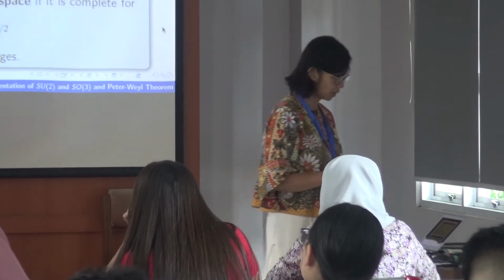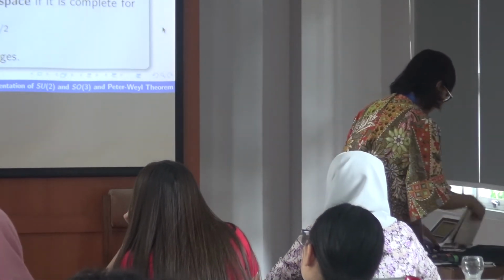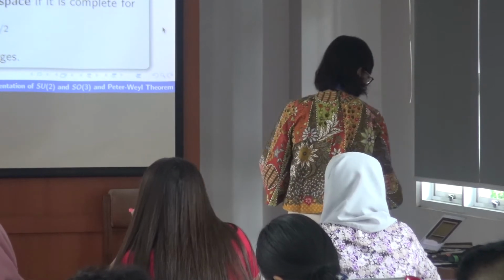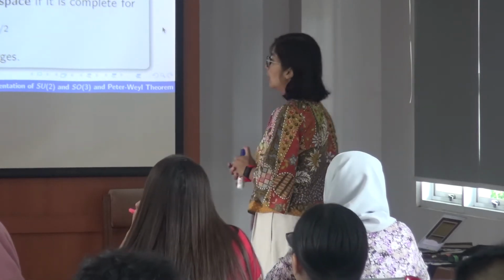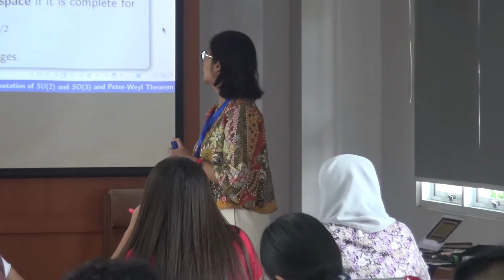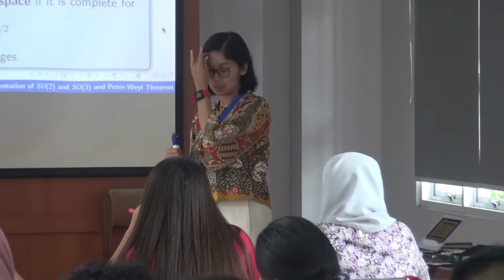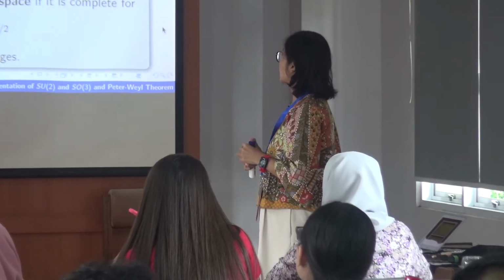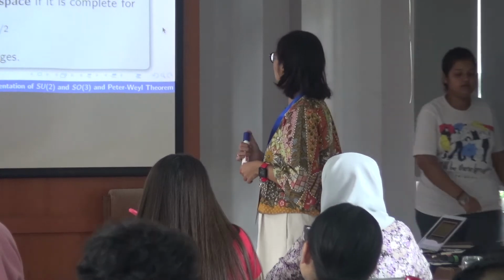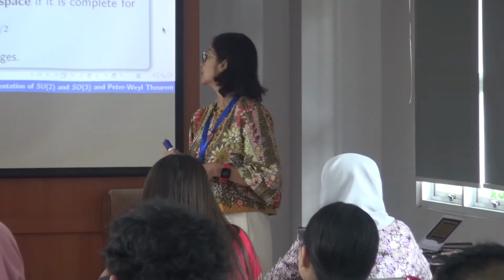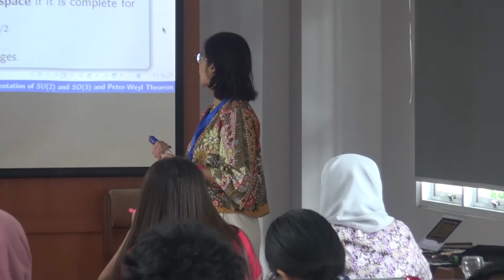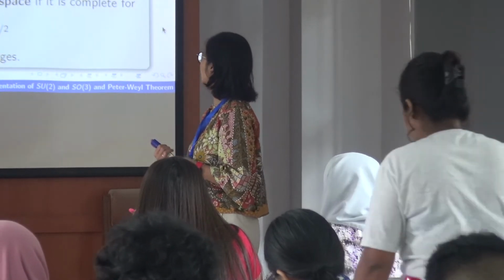Okay. Now we will discuss the Peter-Weyl theorem. First, I will remind you what is an inner product. An inner product space is a C-vector space with an inner product that is positive, Hermitian, and sesquilinear.